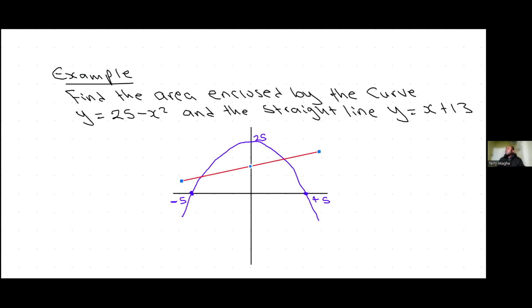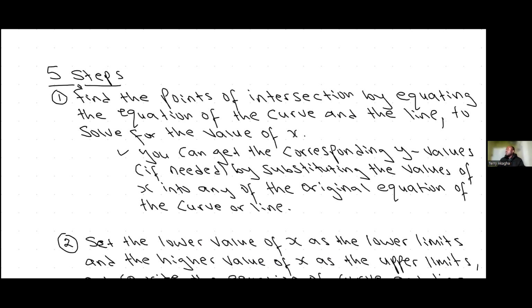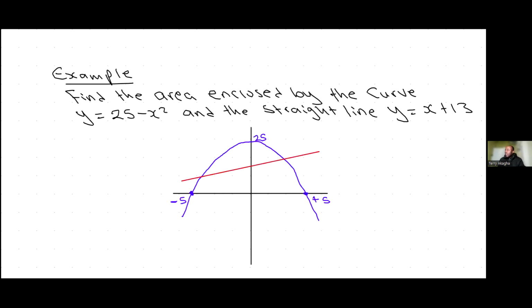So now, going back to step one, we need to find the point of intersection by equating the curve and the line. The curve and the line intersect at this point here and at this point here.